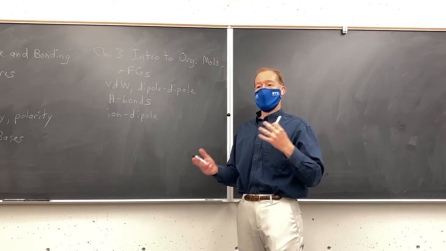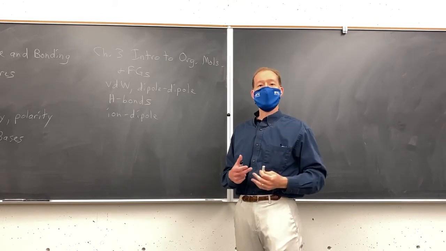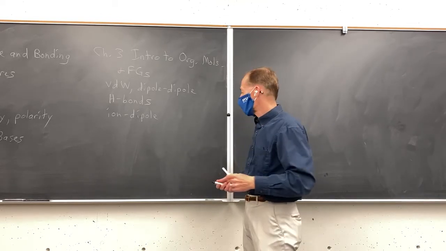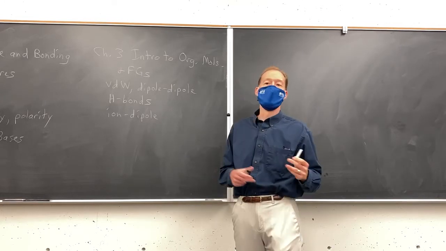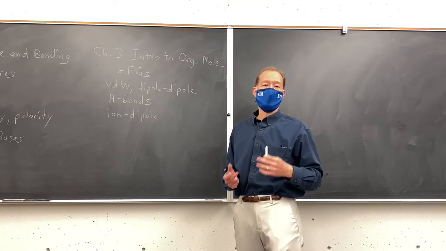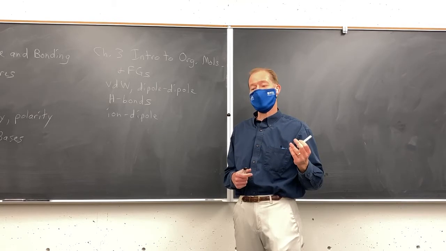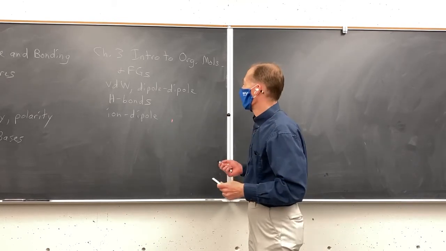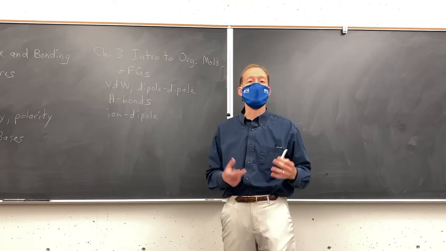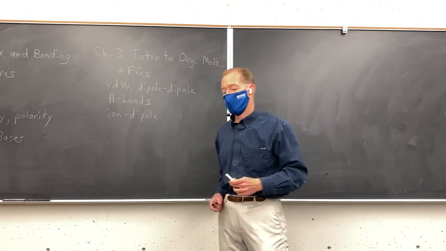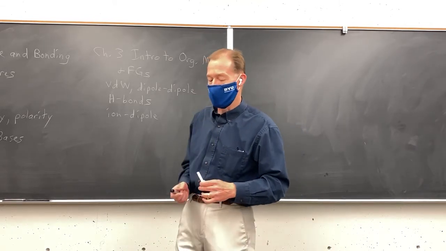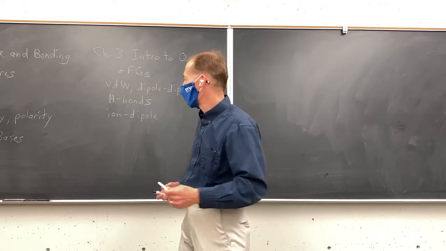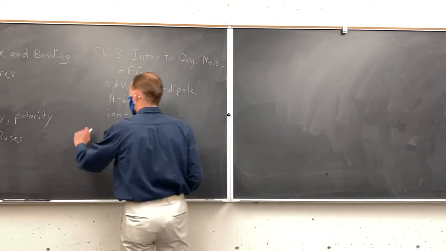So recognizing the different types of intermolecular forces or non-covalent forces, understanding their role in determining physical properties such as solubility, melting and boiling points. Those are the key things for this section. Again, these are topics and concepts that we have referred to throughout the year.